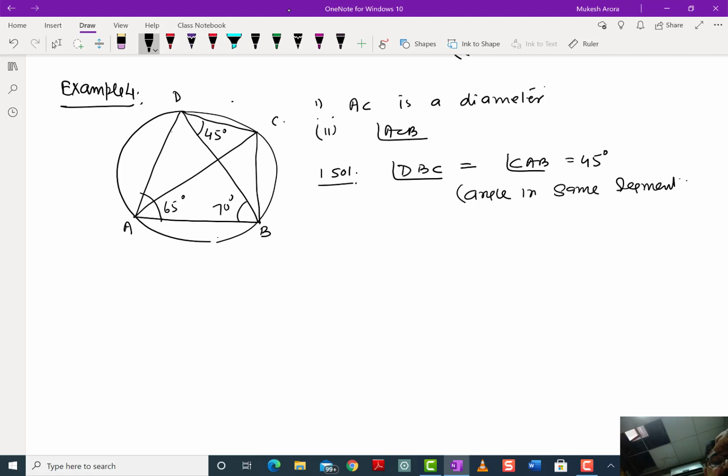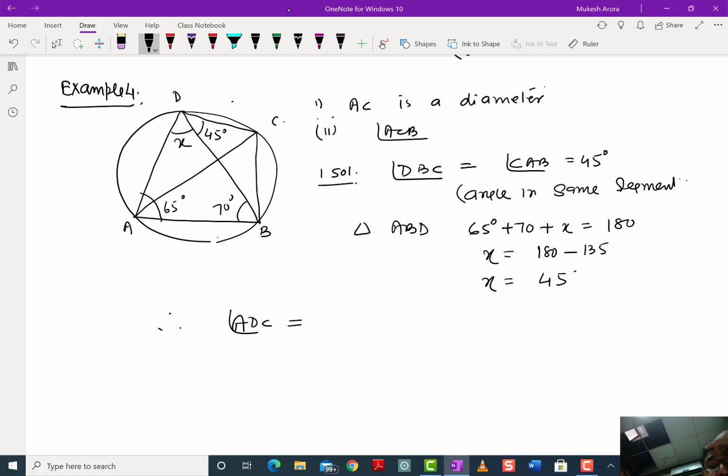This is 70, this triangle ABD: 65 plus 70 plus X is equal to 180, X is equal to 180 minus 135, X is equal to 45. So therefore angle ADC is equal to 90 degrees, therefore AC is the diameter.